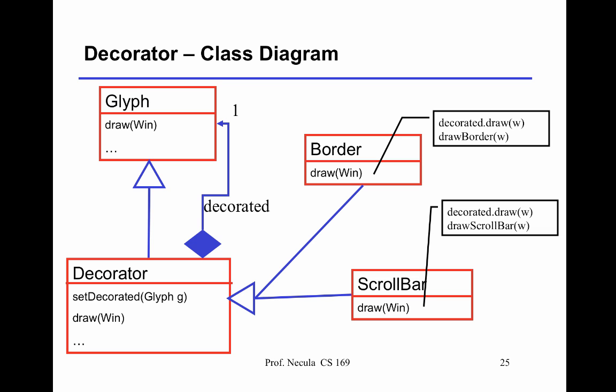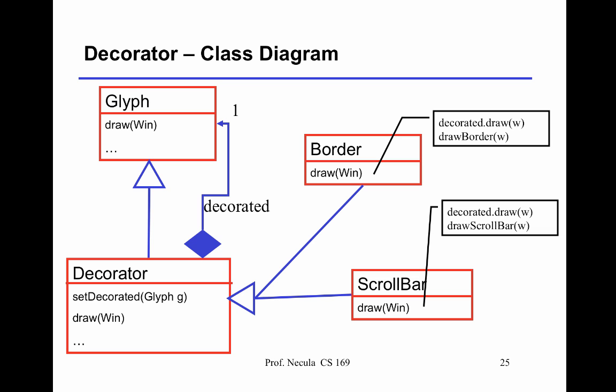These are two specific decorators. So I think going back to your design, this would change a little bit. These two would move to be subclasses of glyph, and would still contain this part. So Border would contain a glyph, and ScrollBar contains a glyph, and then each is a subclass of glyph, and that would work.